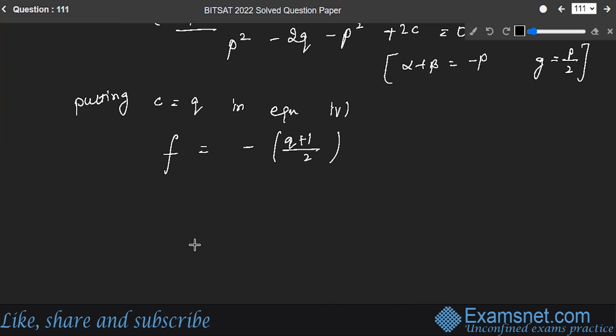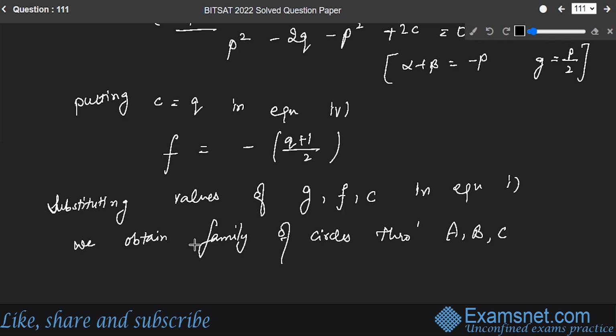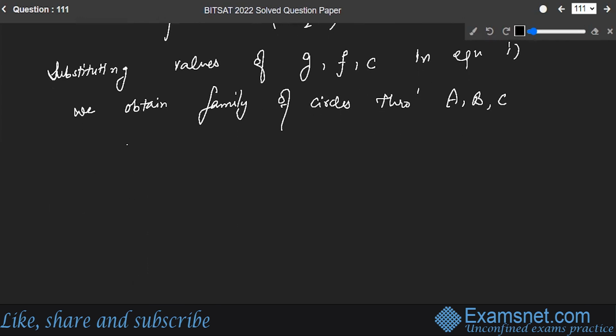Now substituting the values of g, f, c in equation 1, we obtain the family of circles through A, B, and C. And this will be x squared plus y squared plus px minus (q plus 1) y plus q is equal to 0.